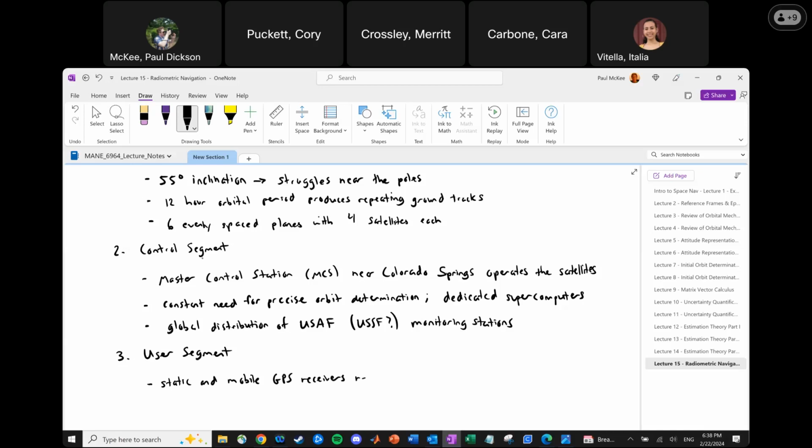Well, what do they do? They receive and decode GPS signals and perform trilateration. So at the moment, we might not be comfortable doing trilateration, but your phone is. So that's the other bit here. This includes your cell phone.